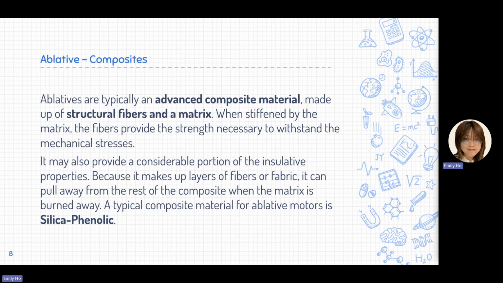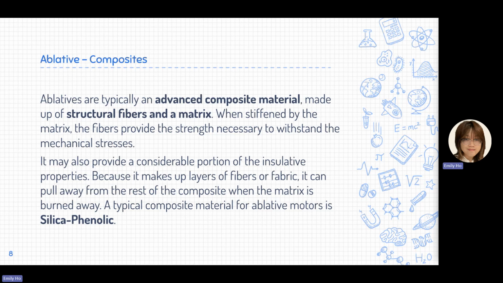It also provides a considerable portion of the insulative properties because it is made up of layers of fabric or fiber. It can pull away from the rest of the composite when the matrix is burned away. A typical composite material for ablative motors is silica phenolic.